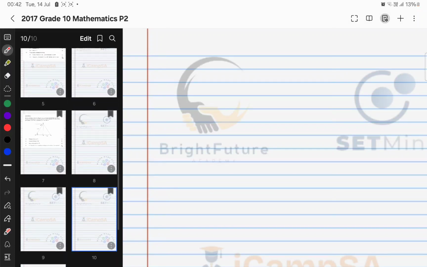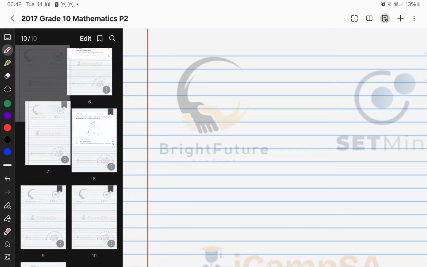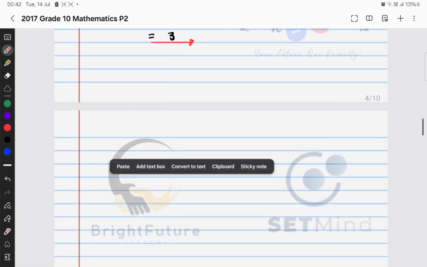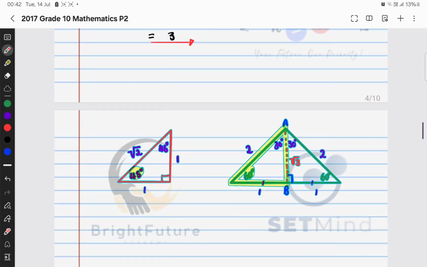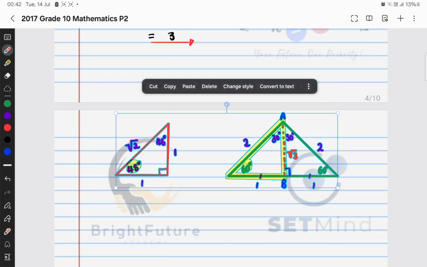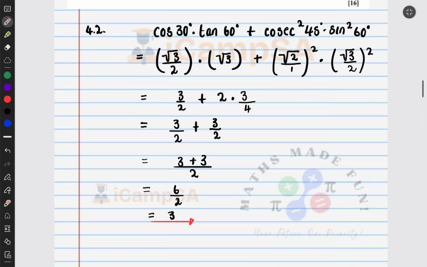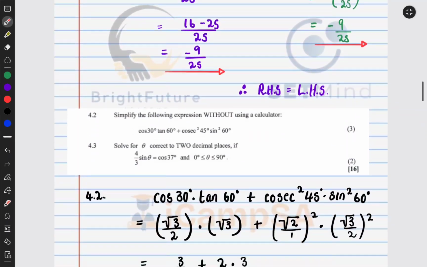But normally we just use these two triangles, so I'll put them right here, just in case we were confused. Okay, so that was our 4.2.